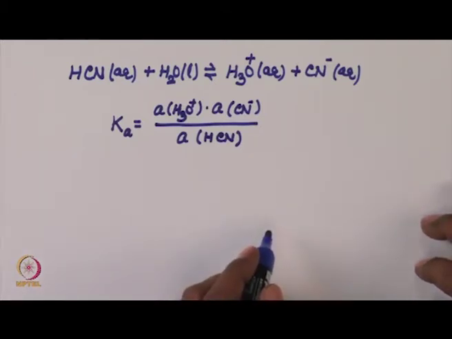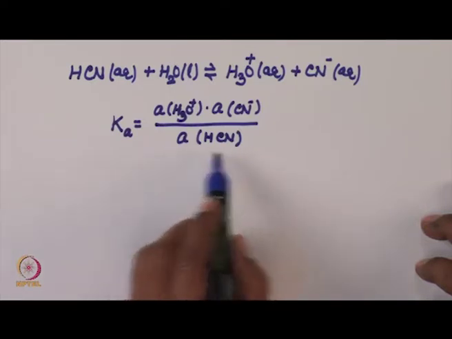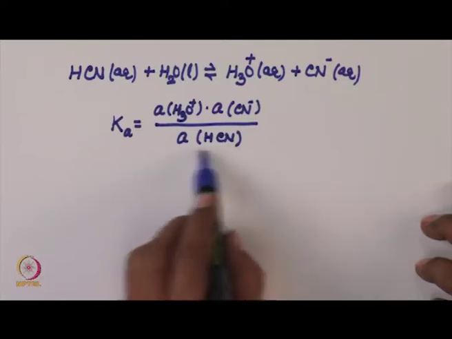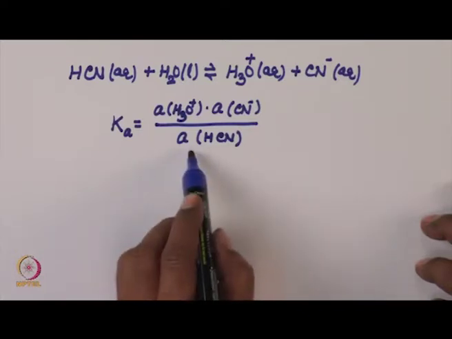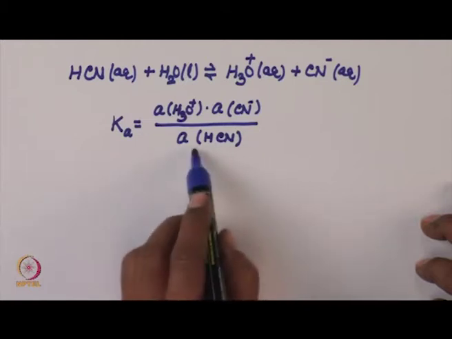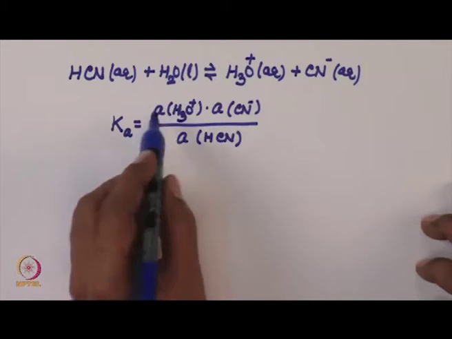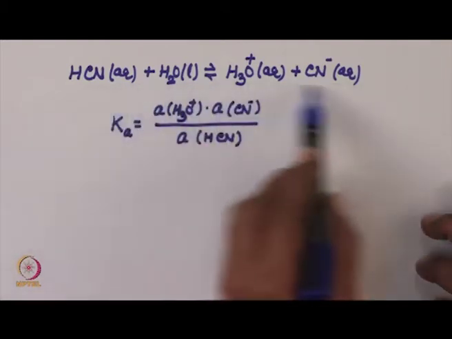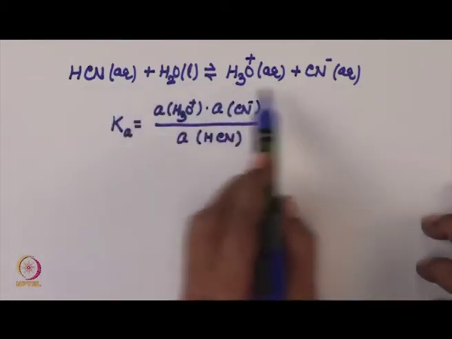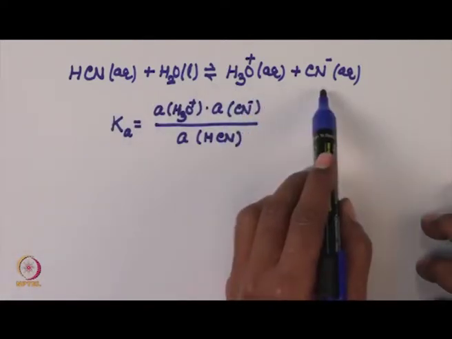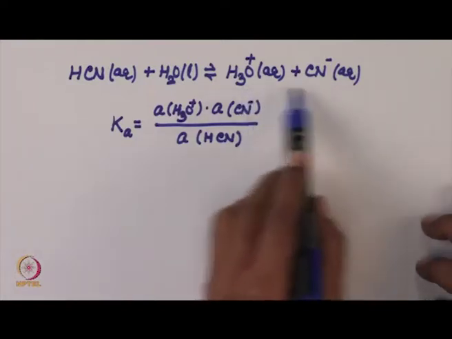We are given in the statement that the activity coefficient of HCN is close to 1. So, that allows me to replace this activity by the concentration. If you look at this equation, the activity of H3O plus and the activity of CN minus, we can assume to be the same over here.